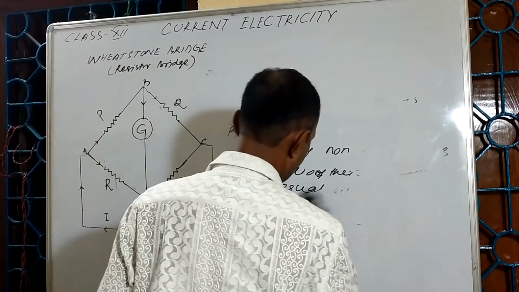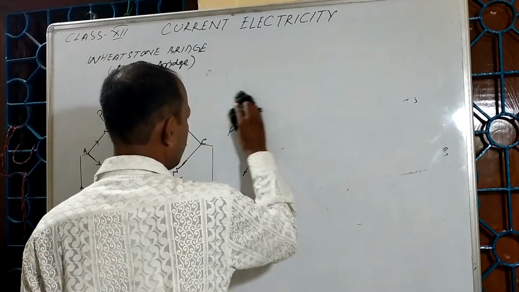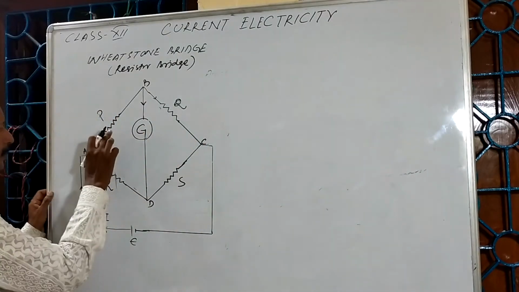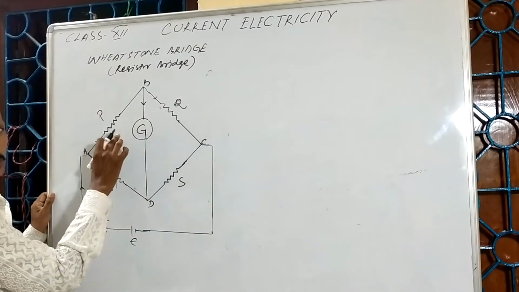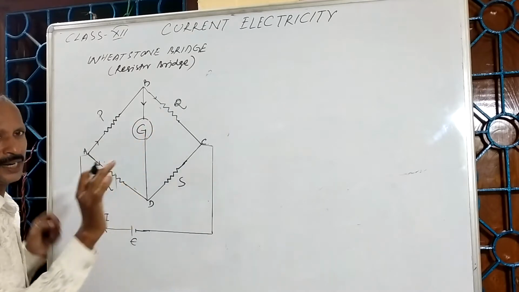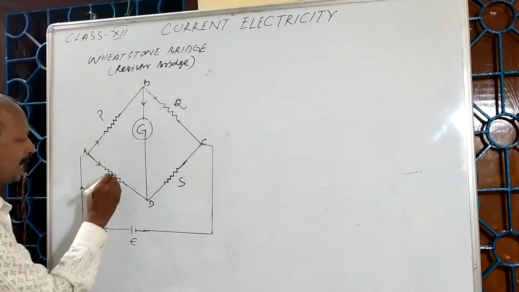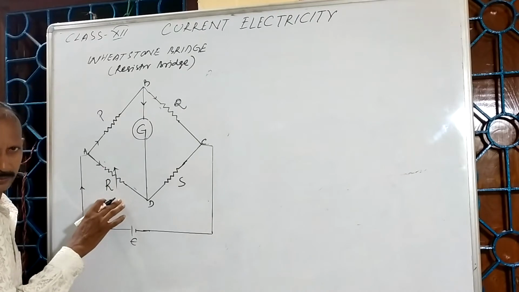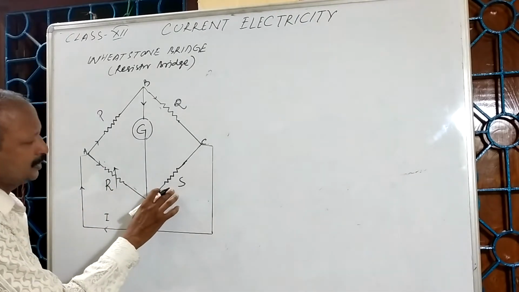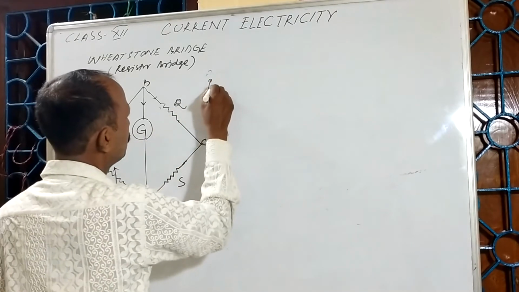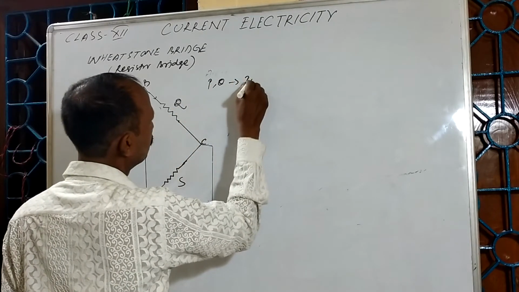Now let us come to the point of how to find the resistance of the unknown resistor. Here I said that P and Q are the two inbuilt resistors, that means their resistances are known to us. This R is a variable resistor and S is an unknown resistor.